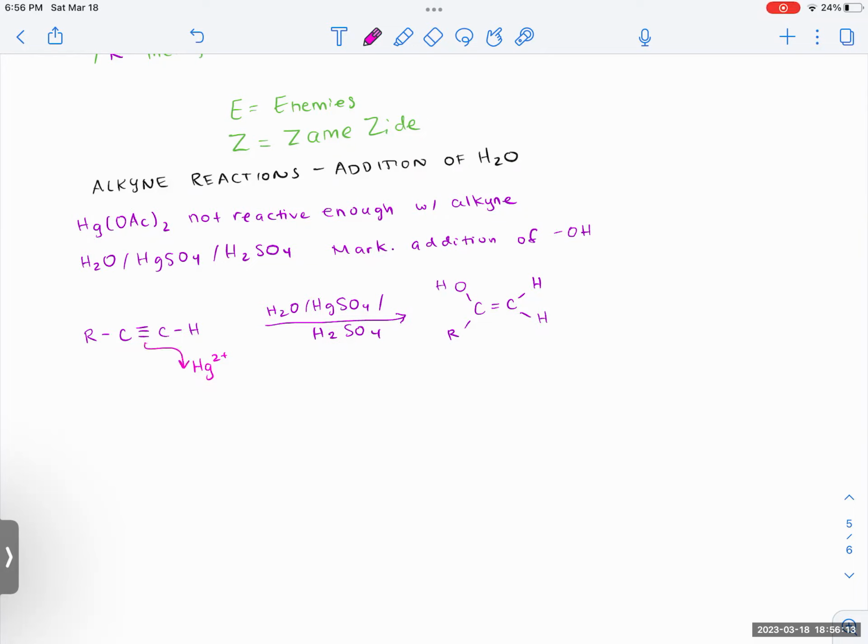It's going to grab the Hg2+, which happens to be our Lewis acid, and this is our Lewis base. So we end up with a positive charge on this carbon. And that's when water comes out.